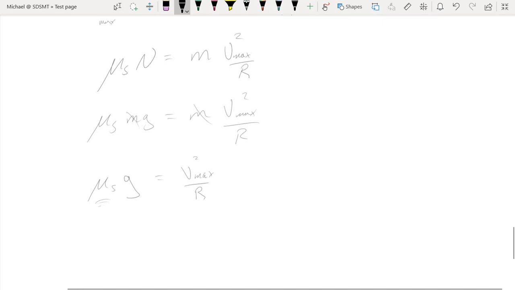Now, not everyone is going to have the same conditions because not everybody has the same kind of tires on their vehicle. Some tires may be new, some tires may be bald, some tires may be all weather. But now we have an algebraic expression for what the maximum velocity can be. So we have our 1.2, 9.8, and 50.